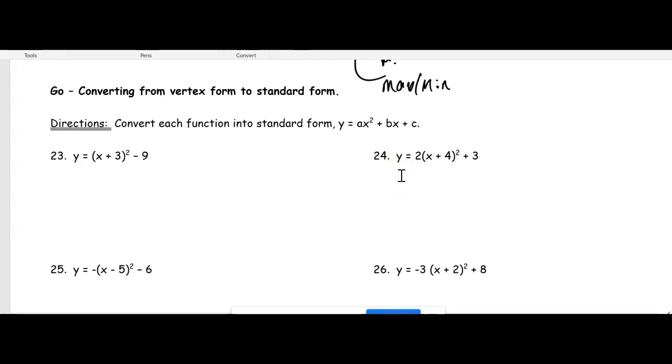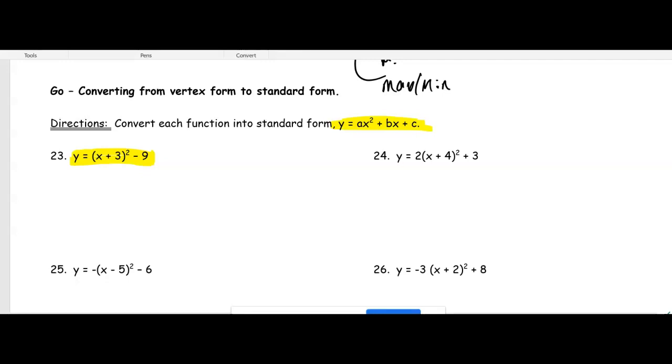We've just spent the last 3 days going from standard form into vertex form. The last couple are just making sure, well, if we do give you vertex form, so now this is the nice form, this is generally what we want. But if we do give you this, could you put this into standard form? Can we kind of go the opposite of what we've been doing?